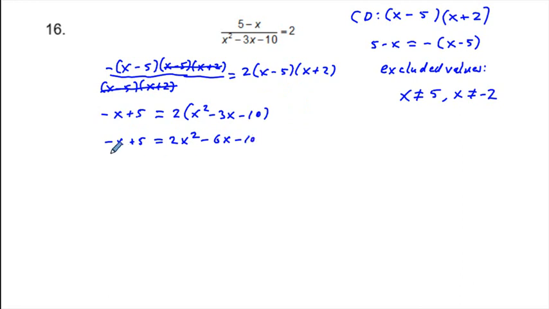And then if we go ahead and add x and subtract 5, so plus x minus 5, we get 0 is equal to 2x squared minus 5x minus 15.